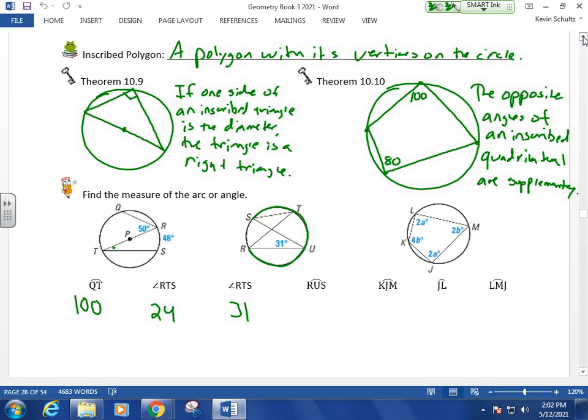Julia? Sure. We can double 31 to find the measure of arc RS, right? Arc RS is 62, and that helps us because the arc we want is just the rest of the circle, right? If we know that that piece is 62, what's the rest of it?